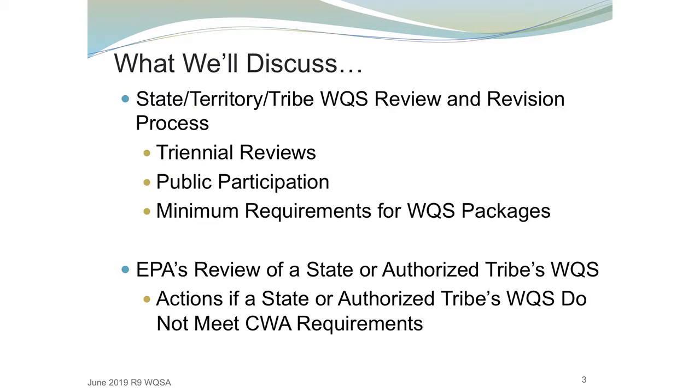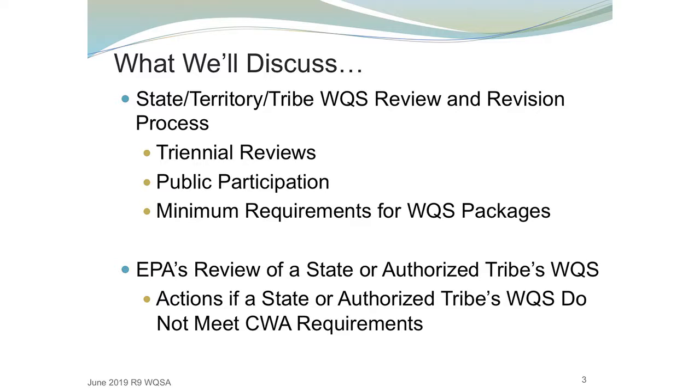What we're going to discuss is the process by which states, and by states I mean states, territories, and tribes, review their water quality standards and the revision process. There are three key elements.